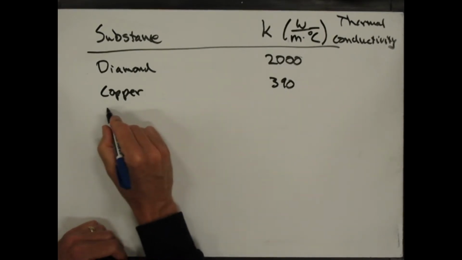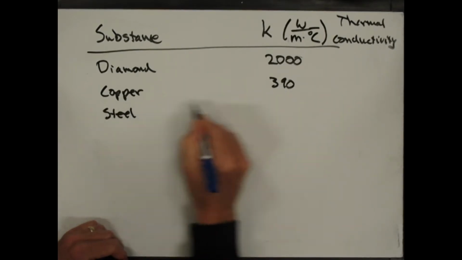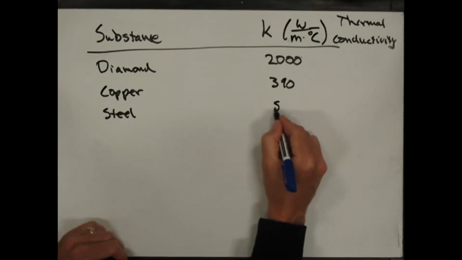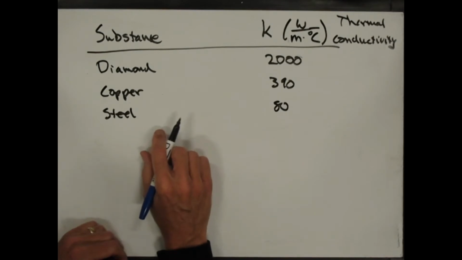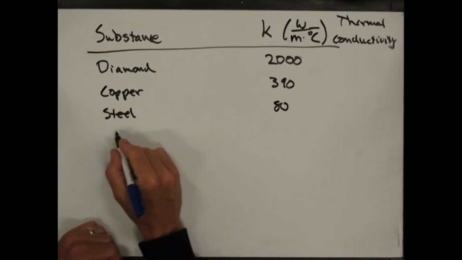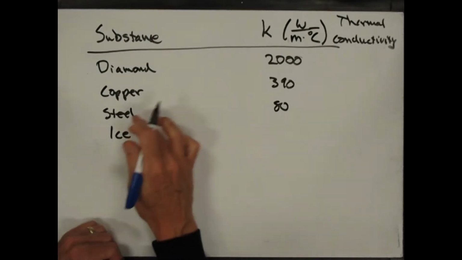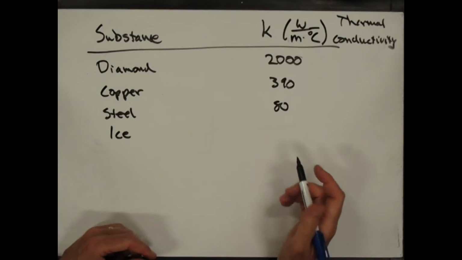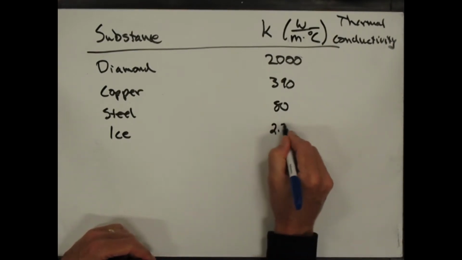For steel or iron, it's 80. There are lots of flavors of steel, so you might see a problem with a different number for steel. Steel obviously isn't an element, and so it can have different amounts of carbon or iron or stuff like that in it. Ice is 2.2.